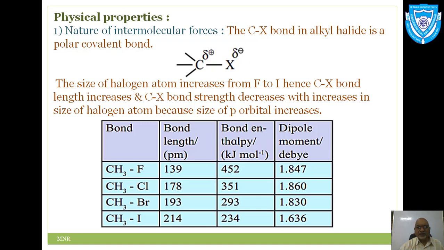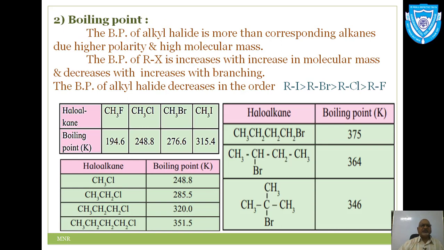The next is the boiling point. The boiling point of alkyl halide is more than the corresponding alkanes. For example, methyl chloride is higher than the corresponding alkane methane, due to higher polarity, because there is now a halogen in it, and higher molecular mass.